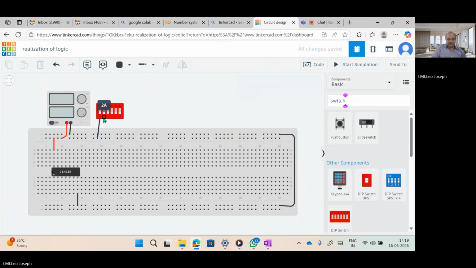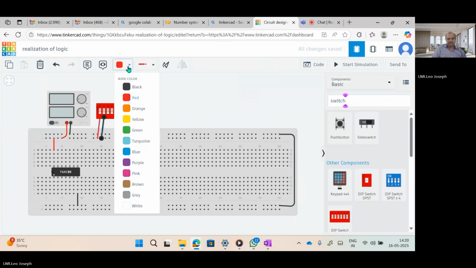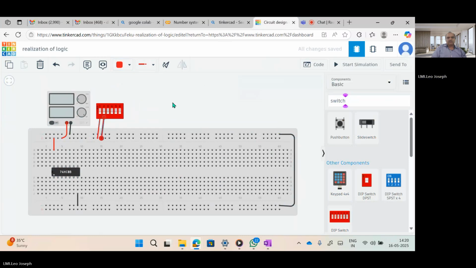This one and this one should both be connected to supply, and change the wires to red color. This also you can change to red color. And the output should be from the top.